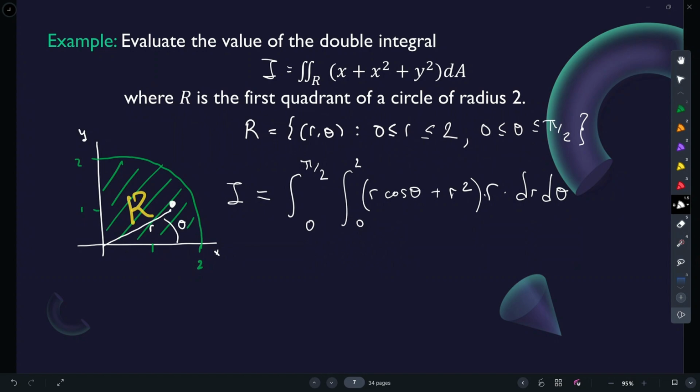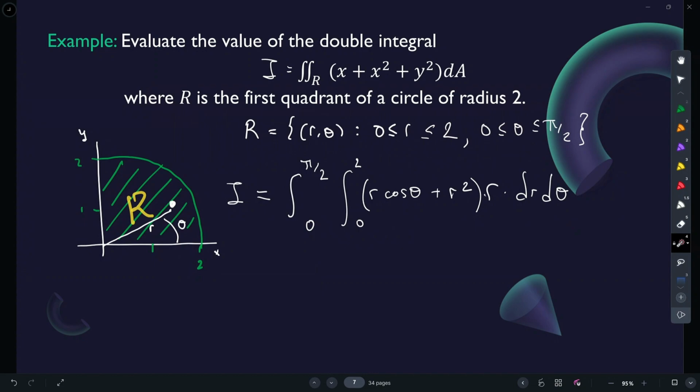Here, because it's just from a constant to a constant, that's an integral in a square, and we know from Fubini's theorem that I can switch. If you switch these limits of integration, then you have to first integrate with theta, and then r. The r is there to convert the dA in the new coordinates, because we are converting circular regions into actual squares.